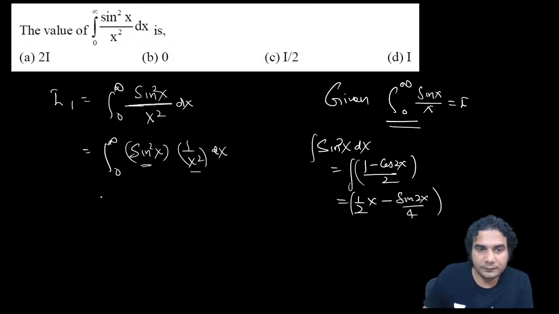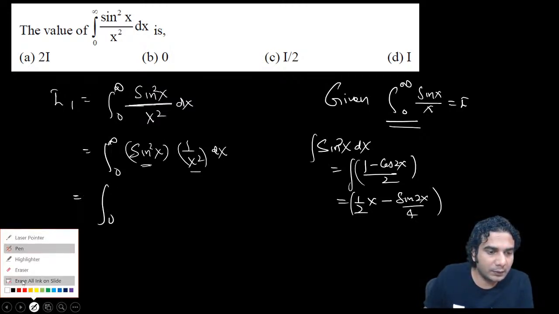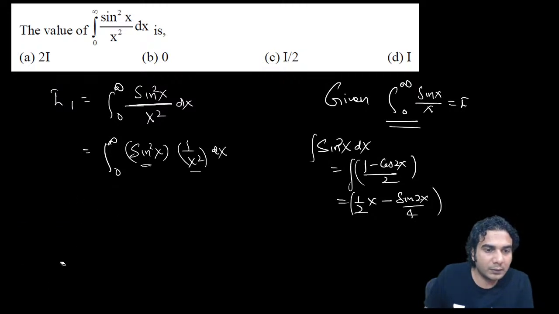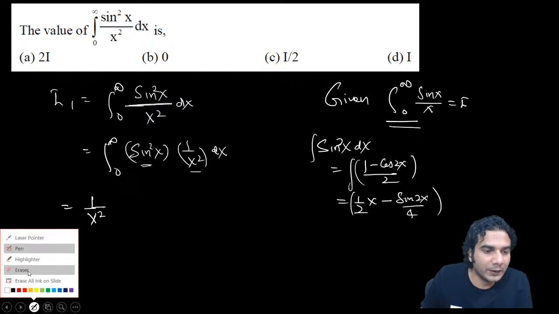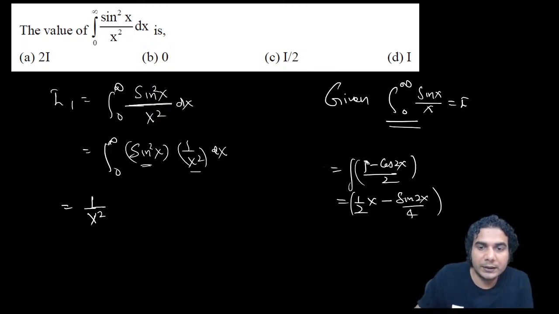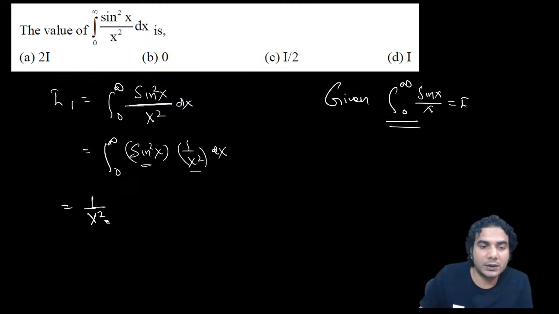Okay. So you can use this integration. So let's apply the by parts. After applying the by parts, it is going to be sine square, 1 upon x square as it is, and if you, no, I'm sorry, you need to integrate 1 upon x square so that it will become 1 upon x, because power will reduce.